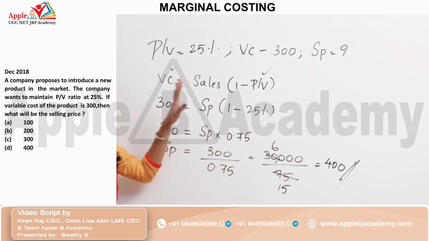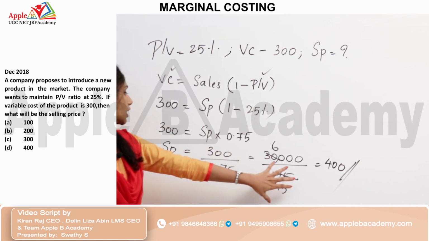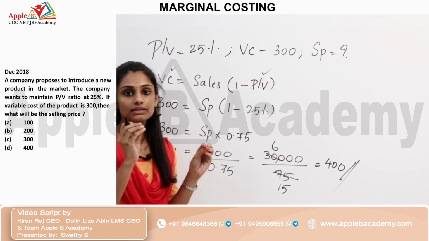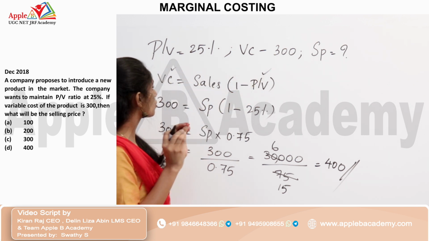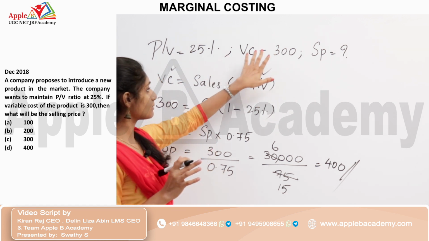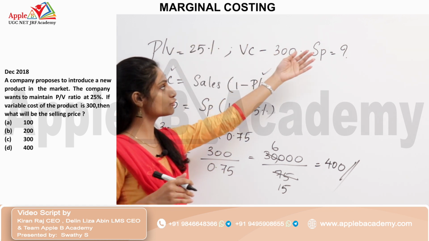So this is how you can calculate selling price from this equation. When you have particular information, go through which equation you can apply in order to find the answer. Here we have variable cost and PV ratio, and you need to find selling price.